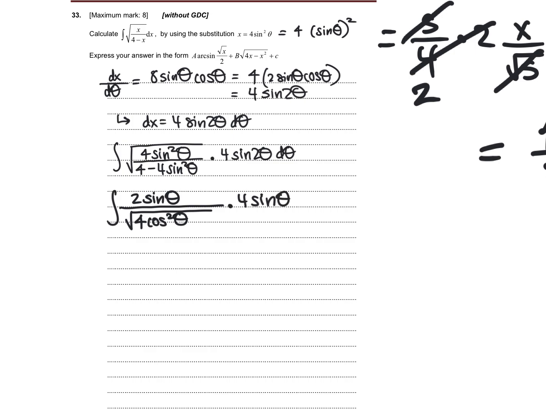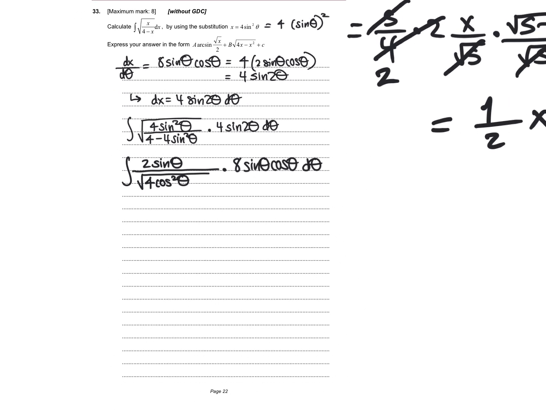And I think I'm going to revert to what we had before, which was 8 sine theta cosine theta d theta, because we're going to be able to cancel some stuff. So this is 2 sine theta over 2 cosine theta. So those cancel. And then 8 sine theta cosine theta d theta, so that the cosines cancel.